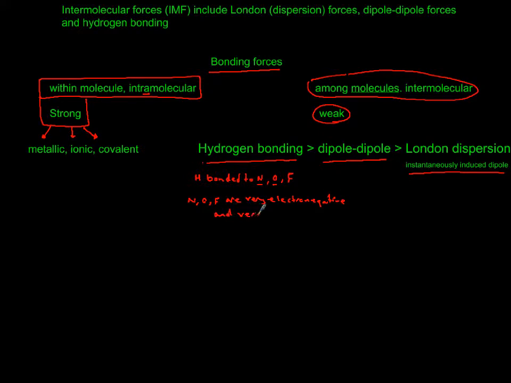And that causes them to form a polar bond which is very strong. So nitrogen to hydrogen, and then again oxygen attached to hydrogen in a compound, and then fluorine attached to hydrogen are very polar.